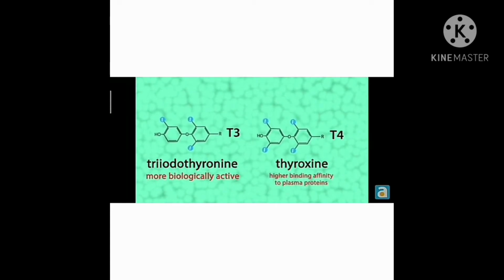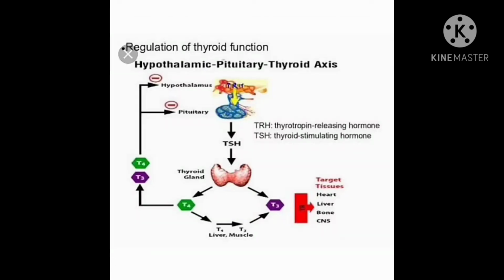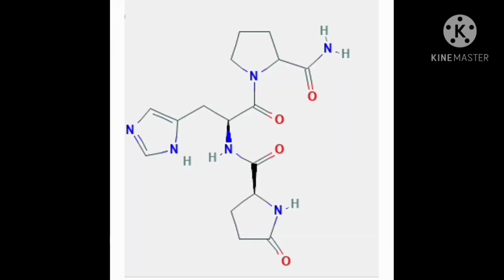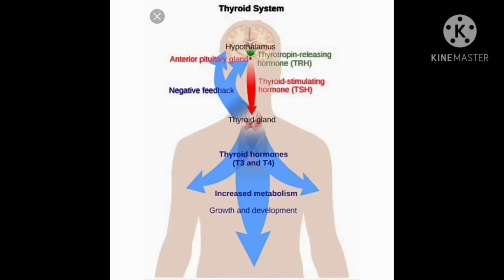The hypothalamus detects low plasma concentration of thyroid hormones and releases thyrotropin releasing hormone, TRH, into the hypophyseal portal system. TRH binds to receptors found on the thyrotroph cells of the anterior pituitary gland, causing it to release thyroid stimulating hormone, TSH, into the systemic circulation.